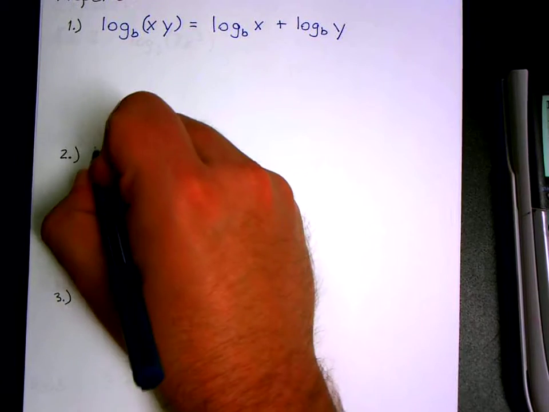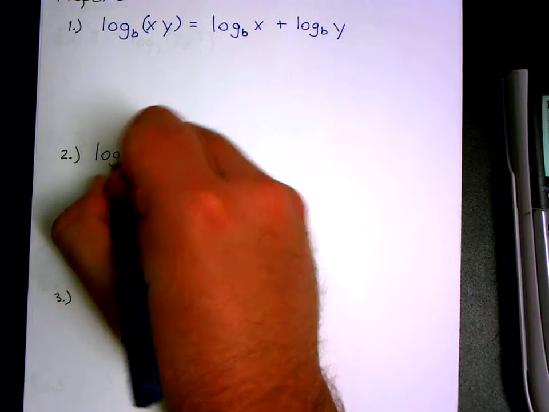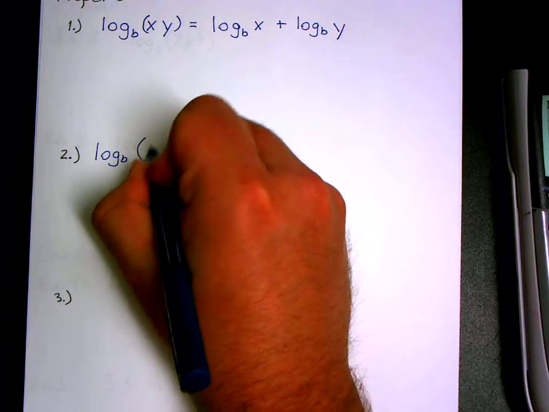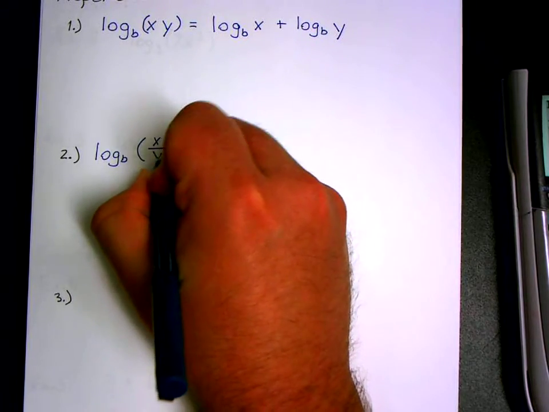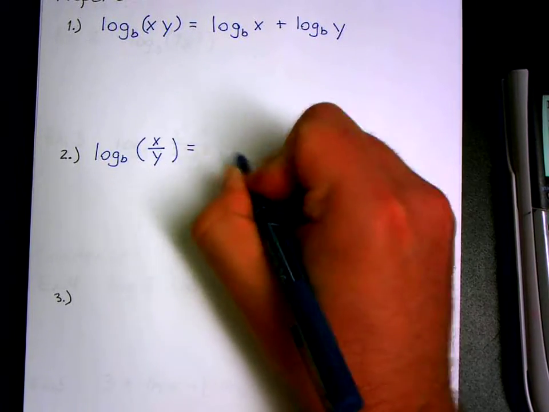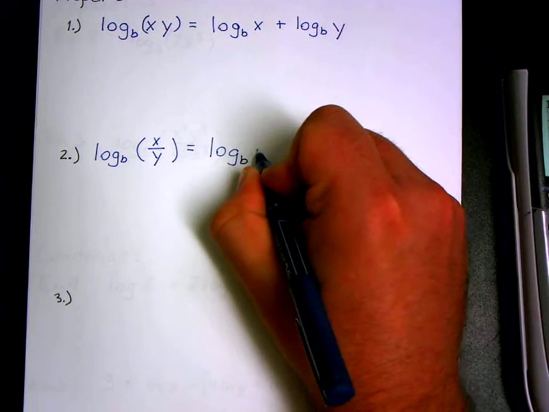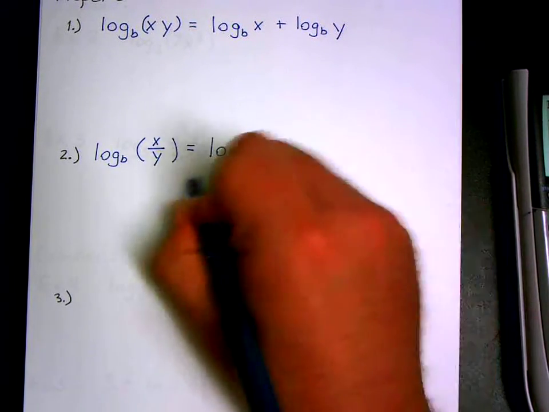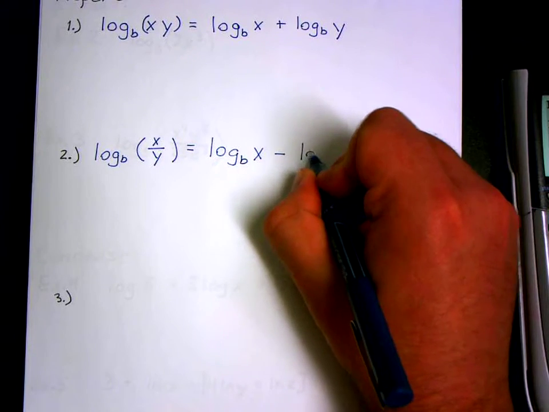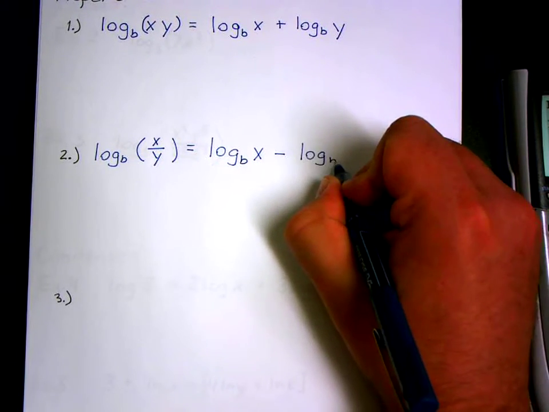So exponent rule-wise, whenever you divide two things, what do you do with the exponents? Subtract them. So the same sort of thing happens with logarithms. If you're dividing two things, you can change it into subtraction.